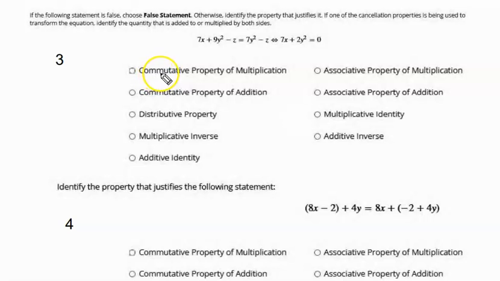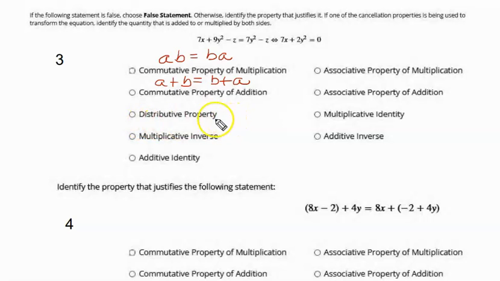All right, the commutative property of multiplication is A times B equals B times A. The commutative property of addition, A plus B equals B plus A.